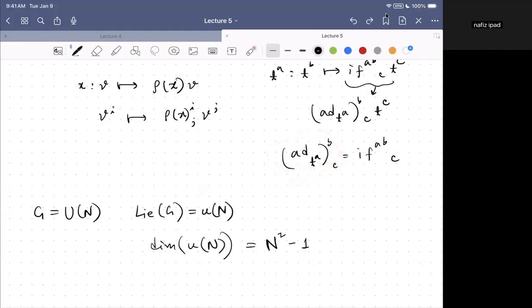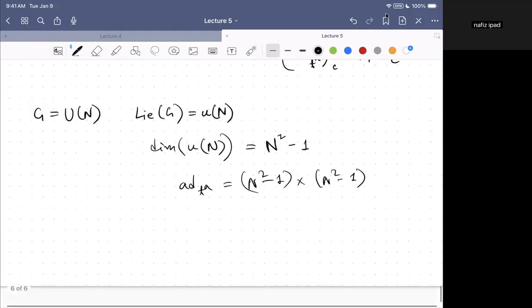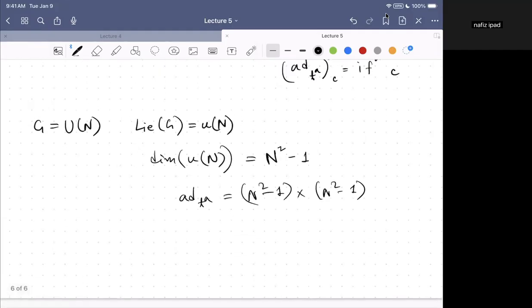So this matrix, this ad T_A, is an n squared minus 1 by n squared minus 1 matrix, right? And it is acting on an n squared minus 1 dimensional vector space, which is the algebra itself.